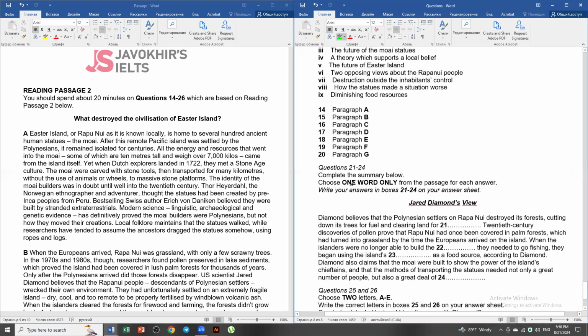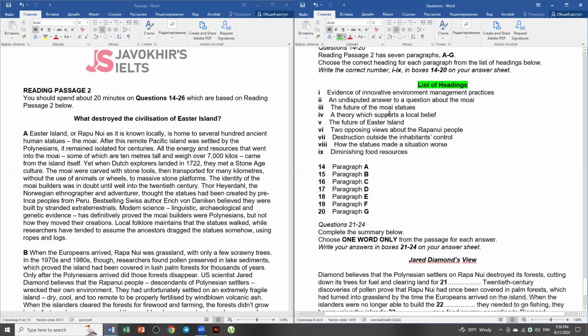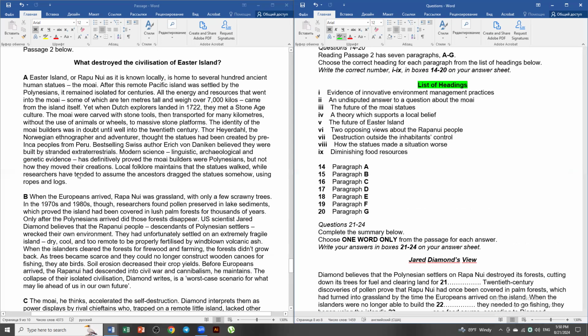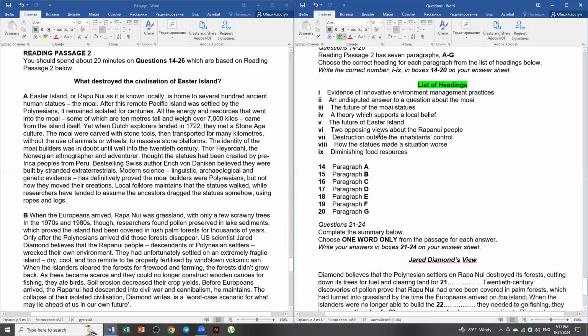As you know, matching heading questions don't really come by order. Although you know it's of course the alphabetical order, ABC, that's for the paragraphs, but obviously not the answers.